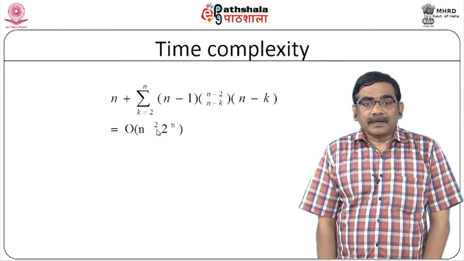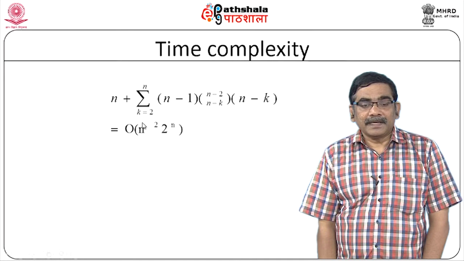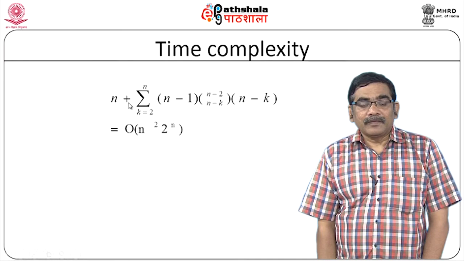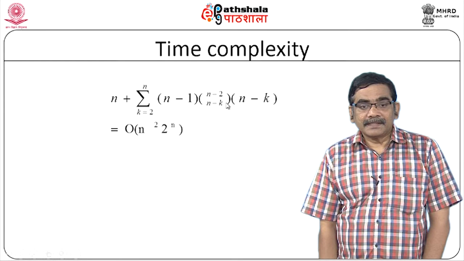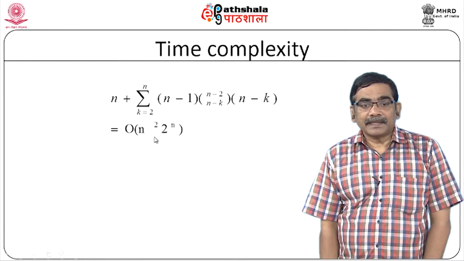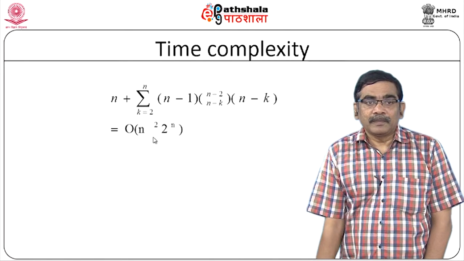What is the complexity of this algorithm? From every city we have to visit every other city, so the complexity turns out to be something like order of n square 2 power n.